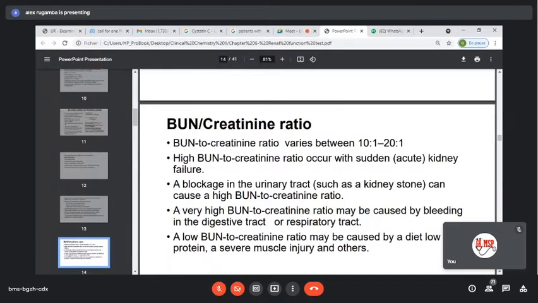So if this ratio is high, then there is a problem of blockage of the urinary tract. This also may be caused by bleeding, by a diet low in protein, and severe muscle injury.